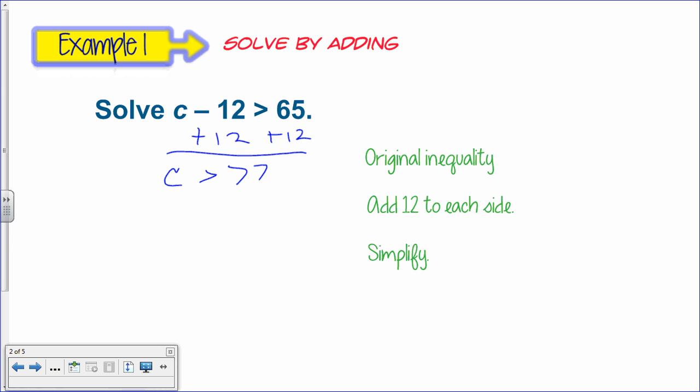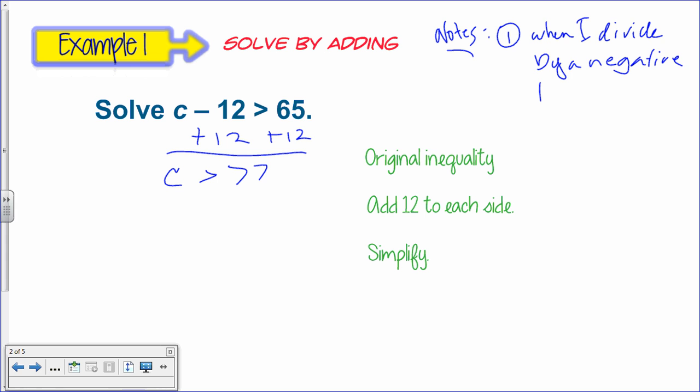Okay, here's a couple of notes I want you to write down. The first main thing about inequalities that you have to remember is when I divide by a negative number, my sign does what?